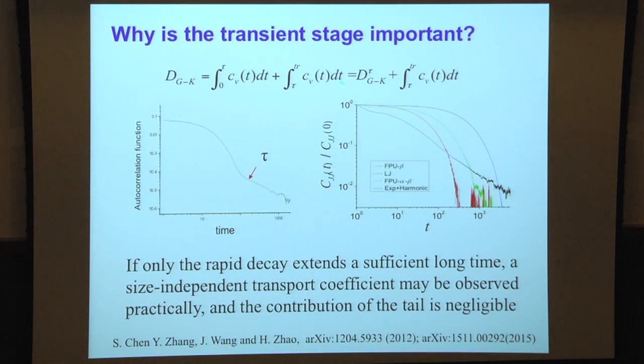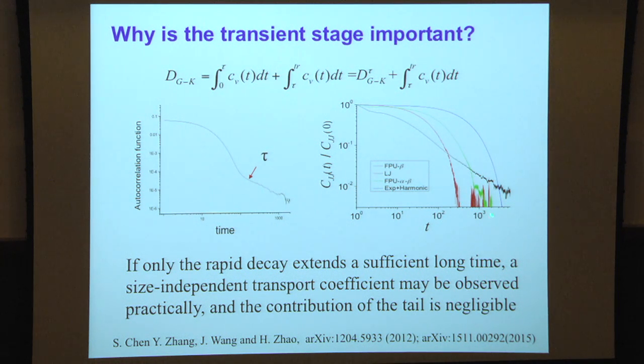You see that it really decays in a power-law manner from the beginning of time. But for other asymmetric interaction models, such as the LJ model and the FPU-alpha-beta model, and other models, you find an exponential-like decay in the beginning, in these regions.